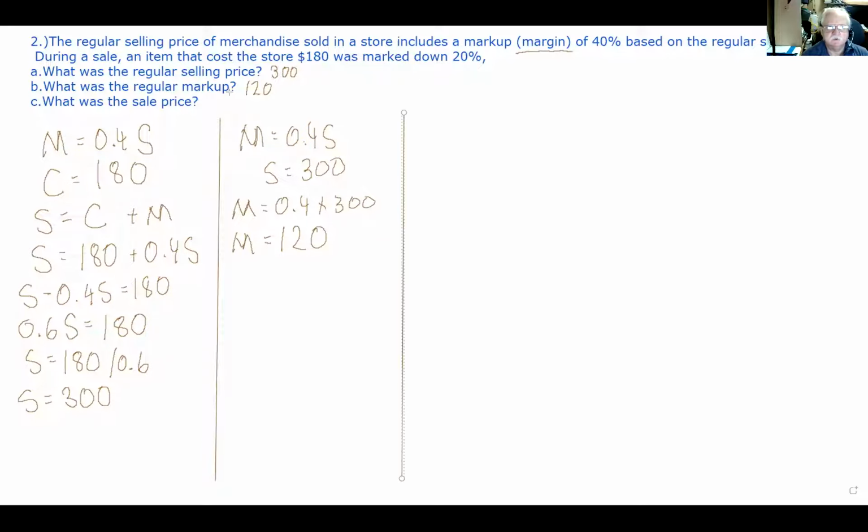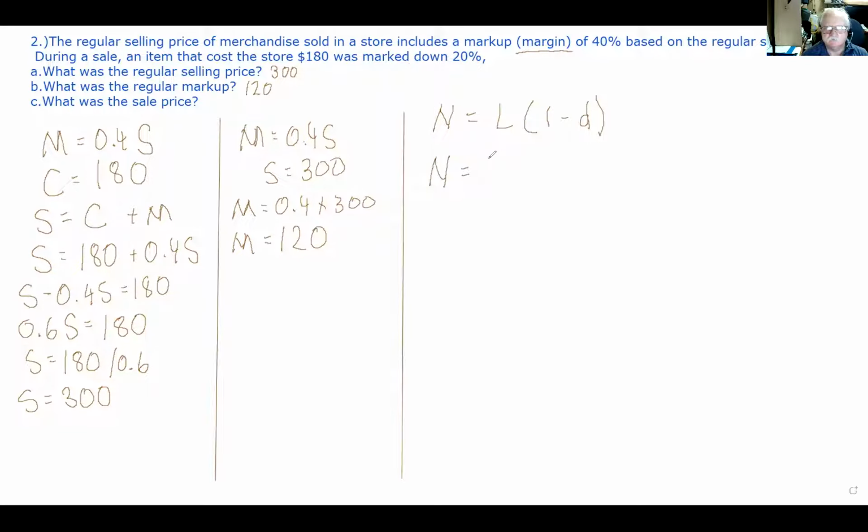And the sale price, what have they told us? It was marked down 20%. So now they're expecting us to remember this formula, N equals L(1 minus D), because a markdown and a discount are exactly the same thing. So this is now going to become our sale price.